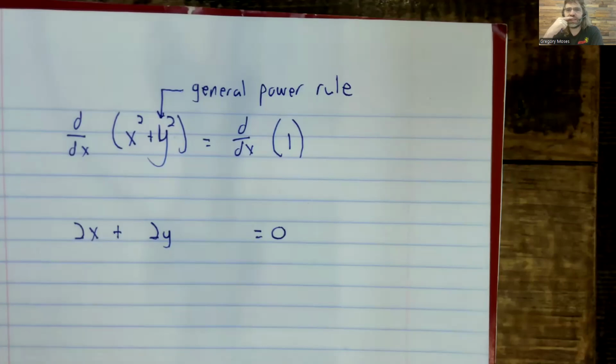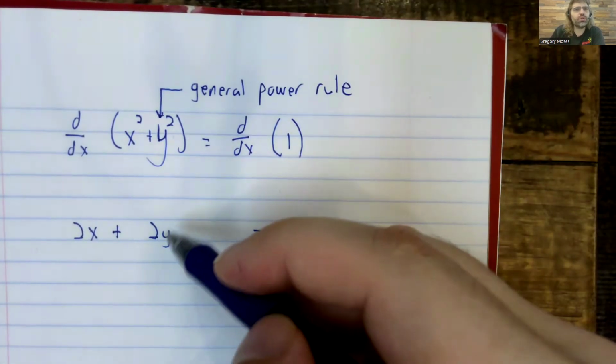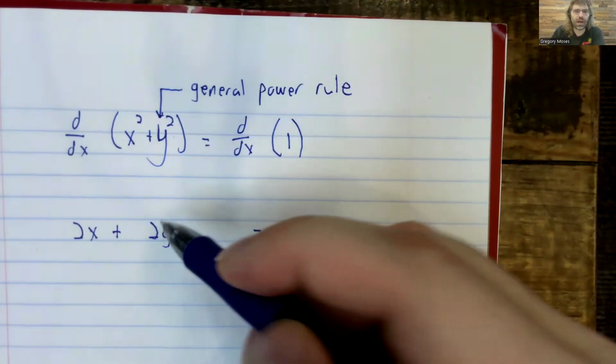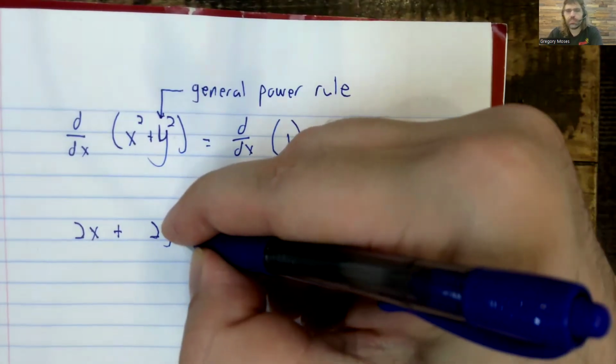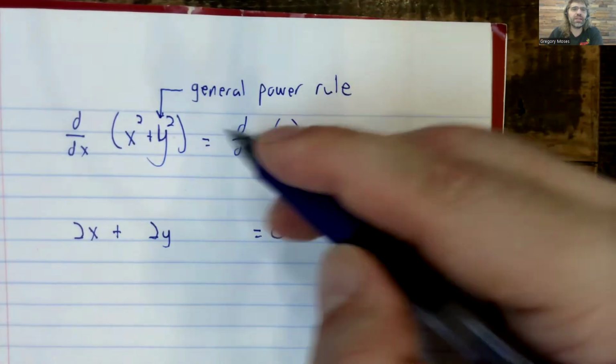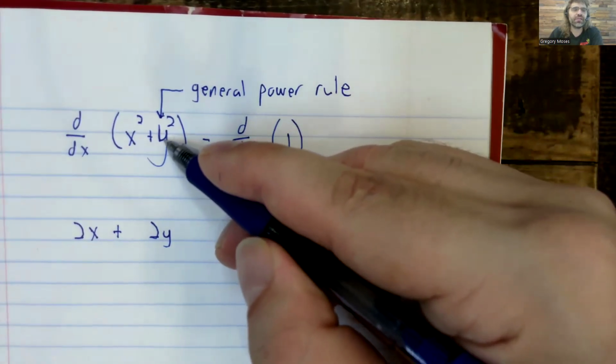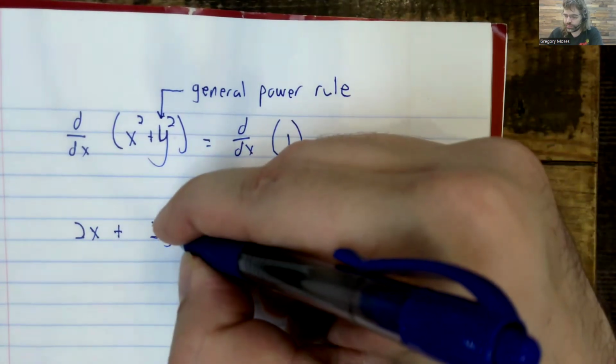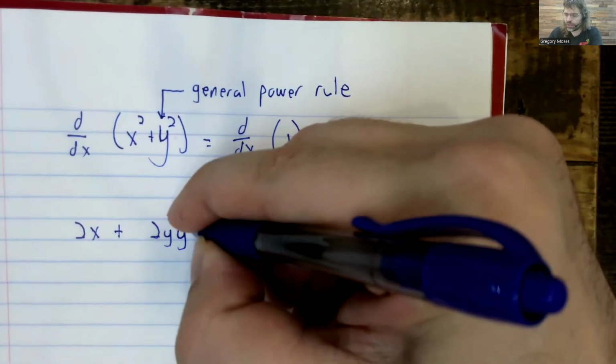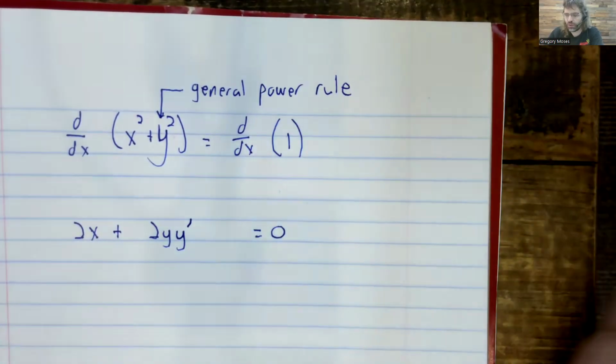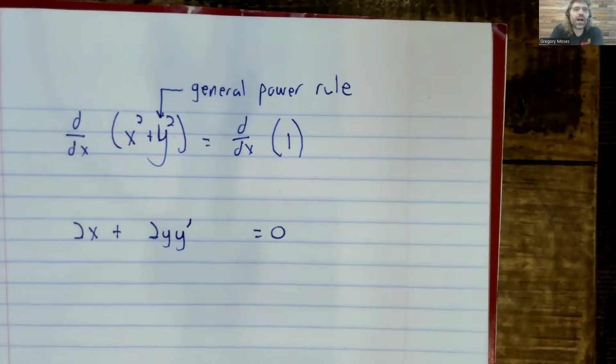The generalized power rule says you use the power rule, you do get 2y, but then you multiply by the derivative of the function. And what is the derivative of y? I have no idea. This is the slope of the tangent line.